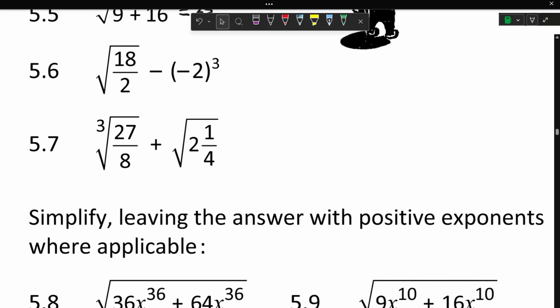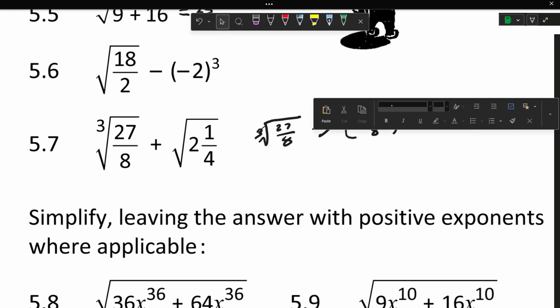Let's have a look here. The cube root of 27 over 8. If we have the cube root of 27 over 8, it's the same thing as saying 27 over 8 to the 1 over 3.